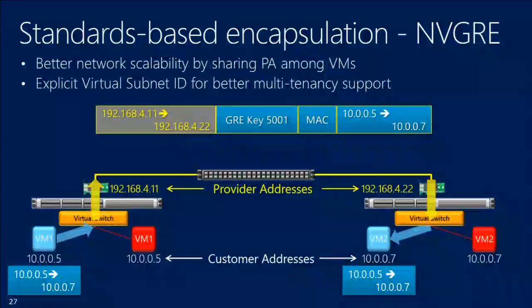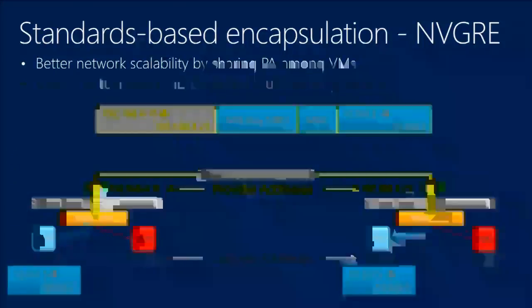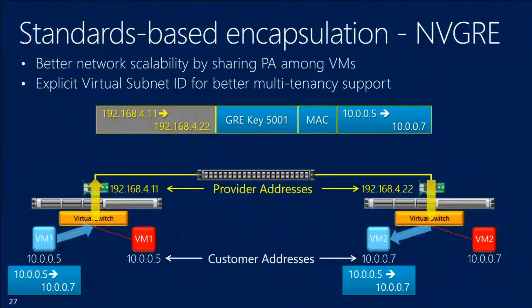I'm going to pause for a second and explain that GRE key. Generic routing encapsulation was developed by Cisco a long time ago. Telcos have actually been using it for quite some time as an encapsulation method. Because Hyper-V network virtualization is very standards-based, they've modified that. They added 24 bits to this header, so if you take 2 to the 24th, that gives you effectively 16 million addresses.